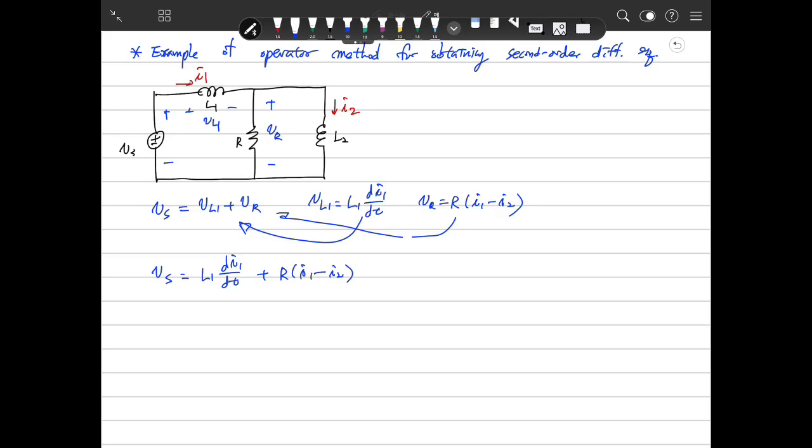The second thing is we get the relation over here. This voltage VL2 will be L2 dI2/dt. So VR will be the same as VL2.